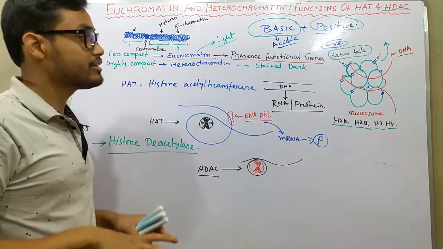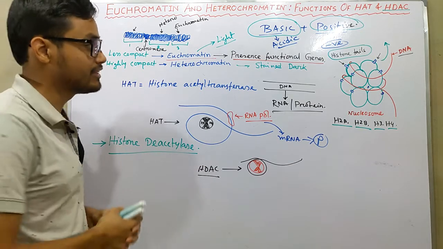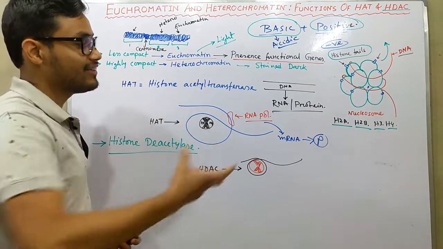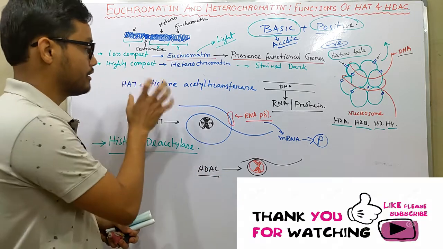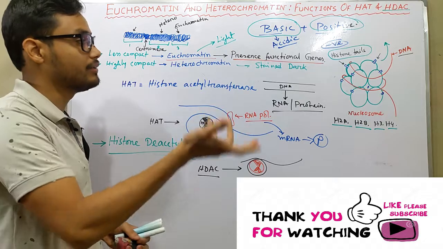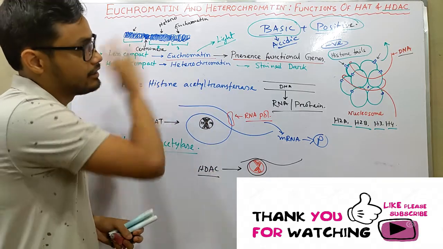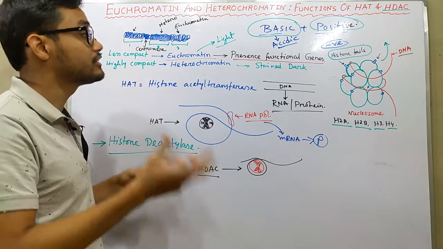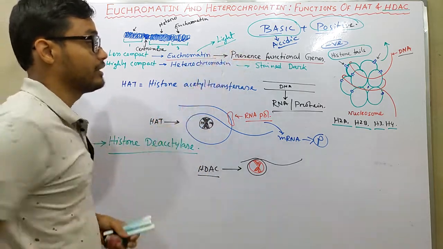I think this video is really helpful to understand the basic properties of HAT and HDAC and how they activate genes. This is all about euchromatin, heterochromatin, and how functional genes are only present in the euchromatin region.